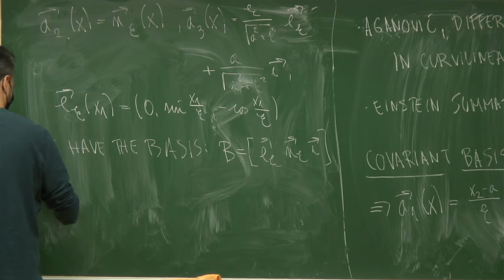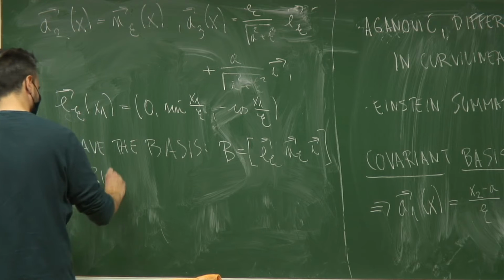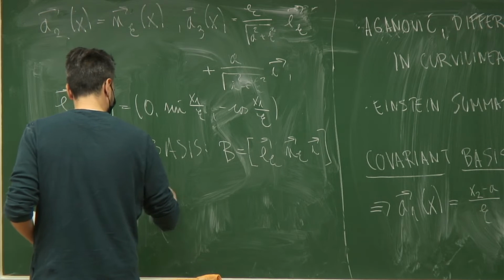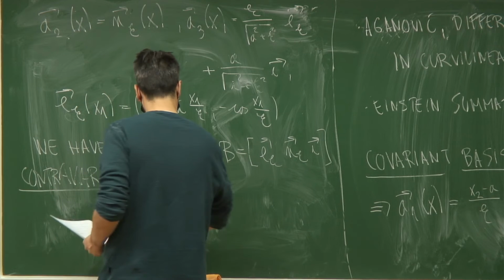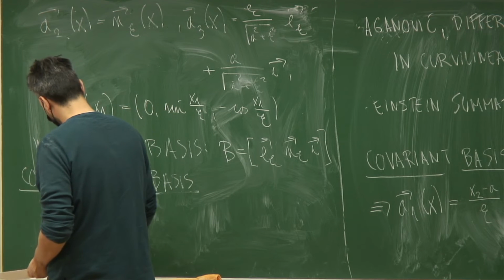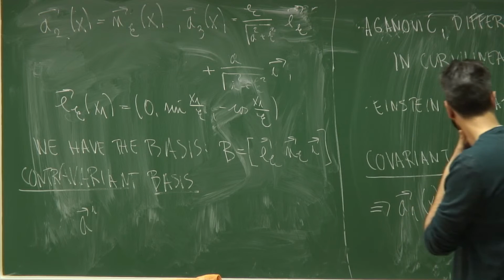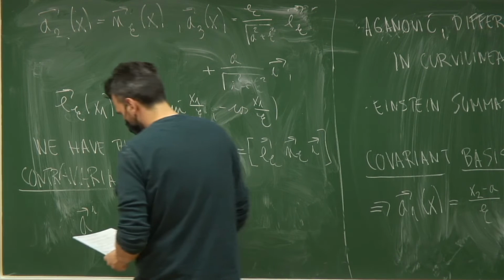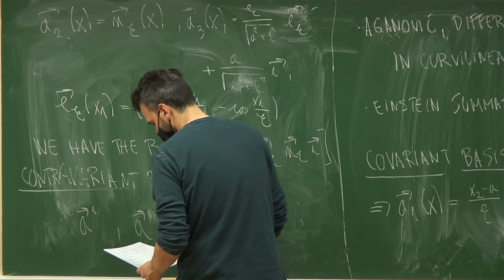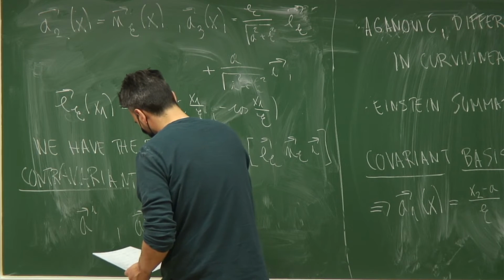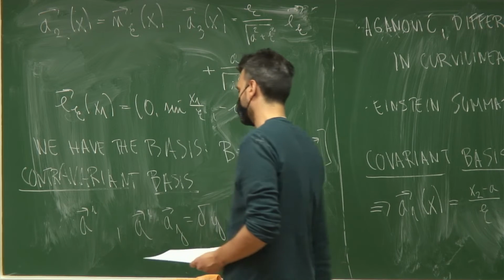For the contravariant basis, only the indices go in the upper part. Basically, when you multiply elements of the covariant and contravariant basis, it is equal to the Kronecker symbol.